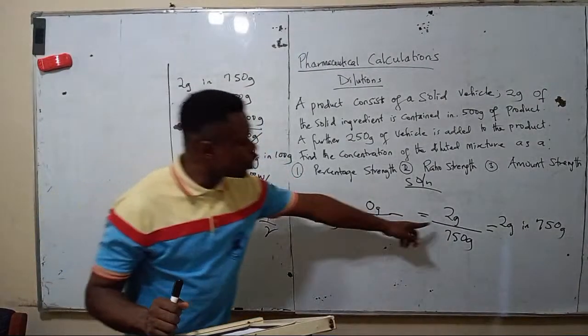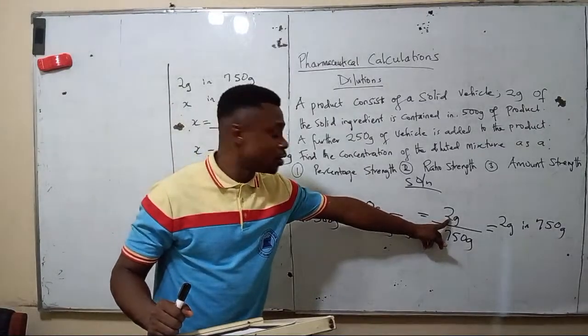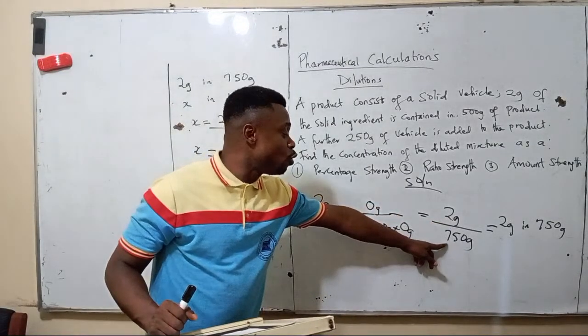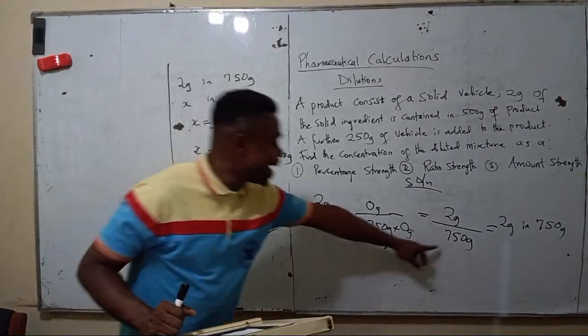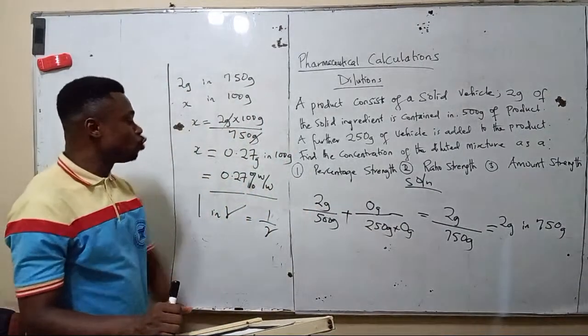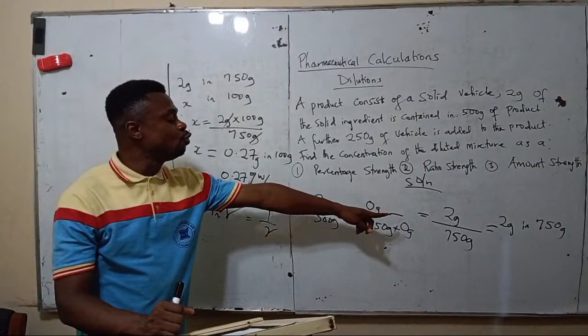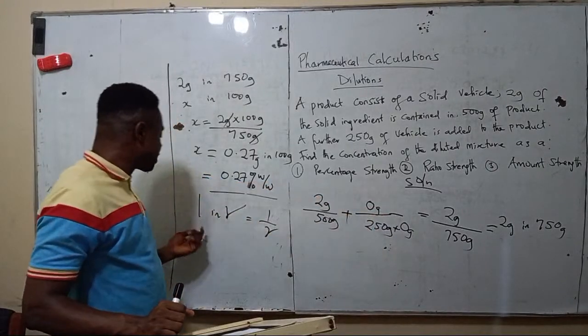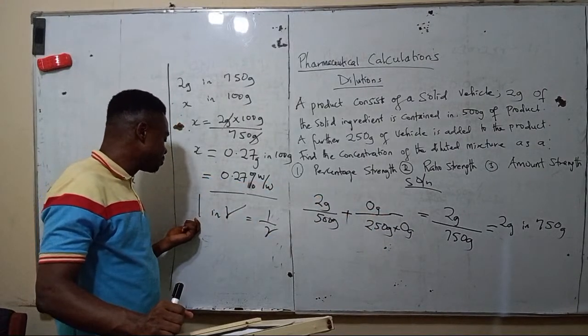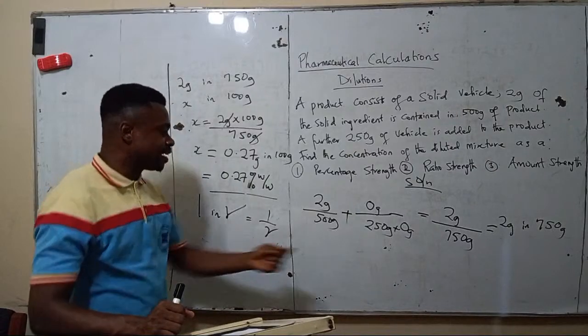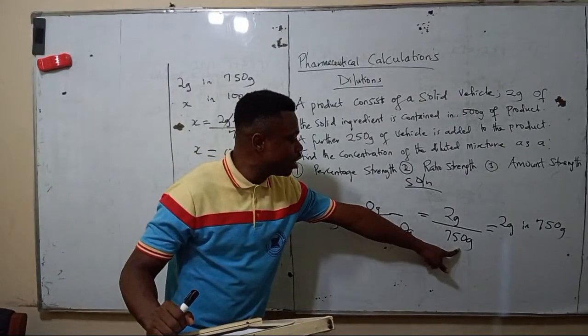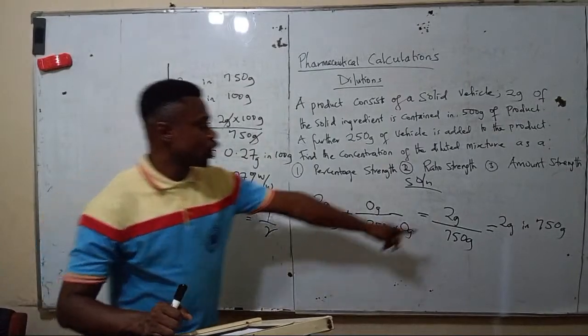So we work on this and make it 1 over whatever we get at the end of it. Whatever we get at the end, we express in this form: 1 in R. R is the denominator, and 1 is the numerator.